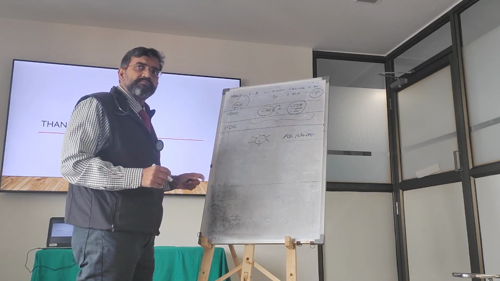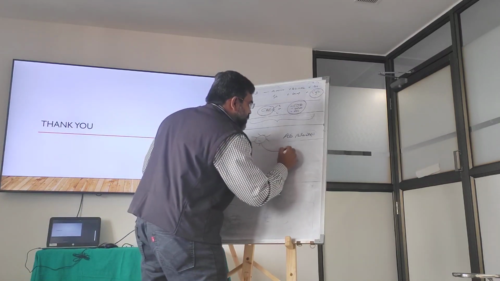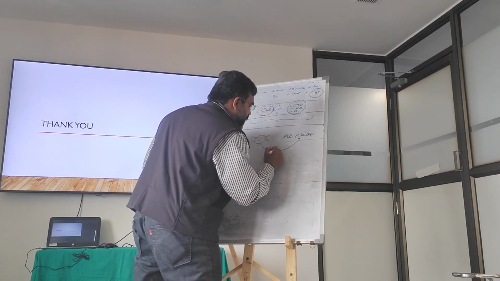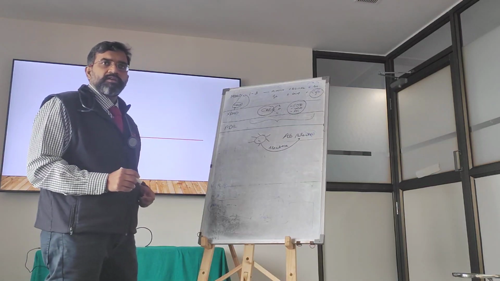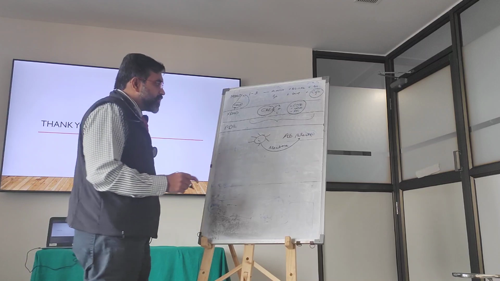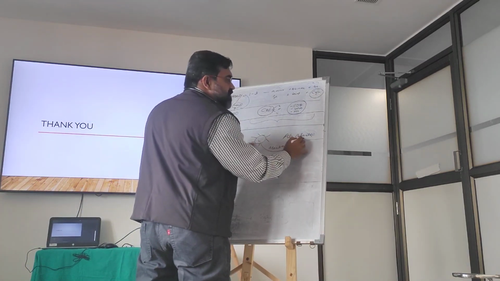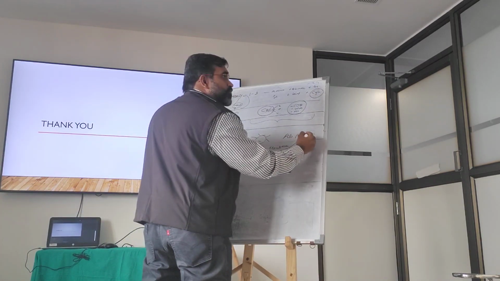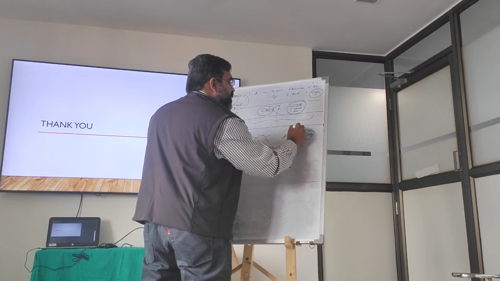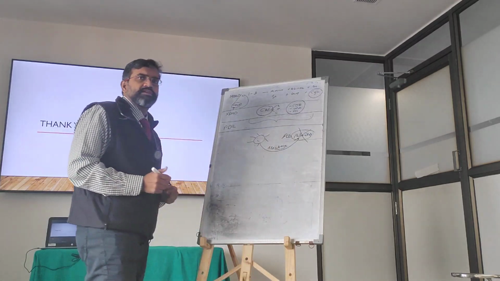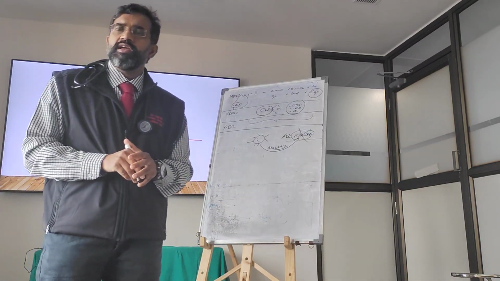Now what does this bug do? This bug creates a beta-lactamase. Because of this, the bug is resistant to this beta-lactam, because the moment you give a beta-lactam, it will get destroyed by the beta-lactamase. Clear?